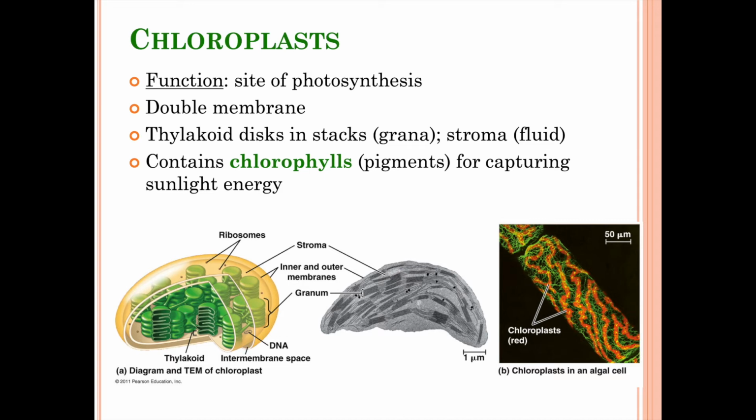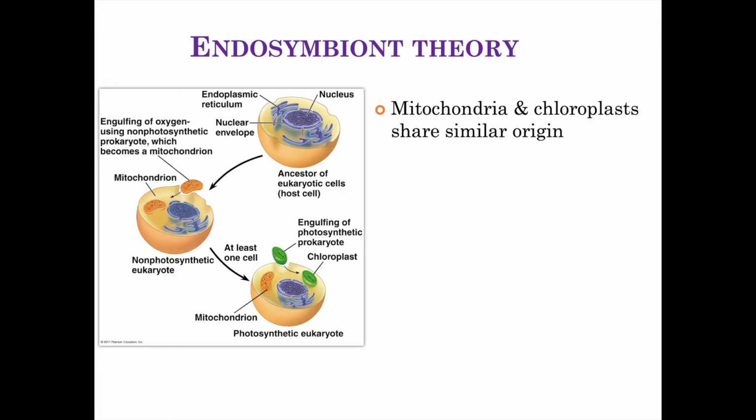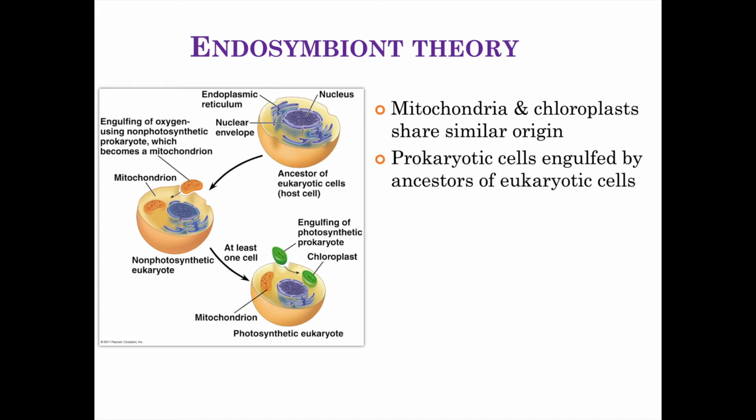Now you might be wondering, I didn't know that there was DNA and ribosomes inside the mitochondria and chloroplasts. Well, that is a unique feature of those particular organelles, which has led scientists to come up with the endosymbiont theory that mitochondria and chloroplasts share a very similar origin in the evolutionary history of life.